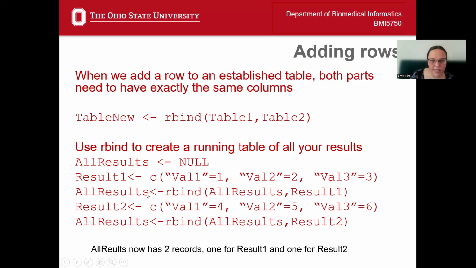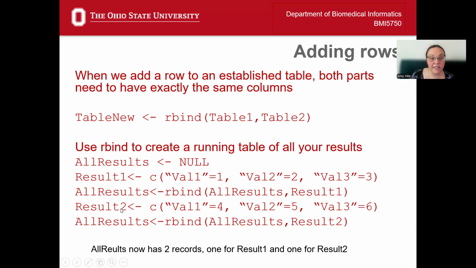So I use this sometimes if I want to use a for loop and run this analysis over and over and over again. I keep a running table of all of my results by rbinding the result that I just generated back to all results. So here we create all results as an empty table. We run result 1. We rbind result 1 with all results and save it as all results.